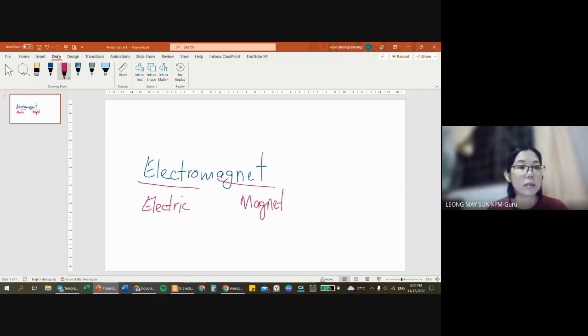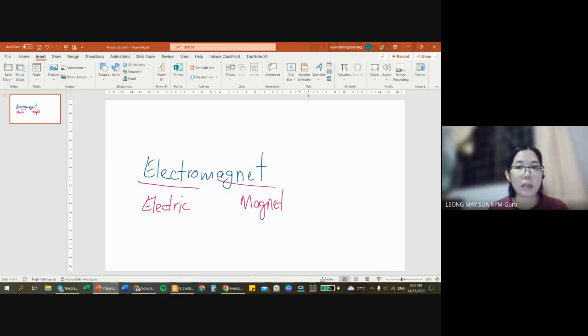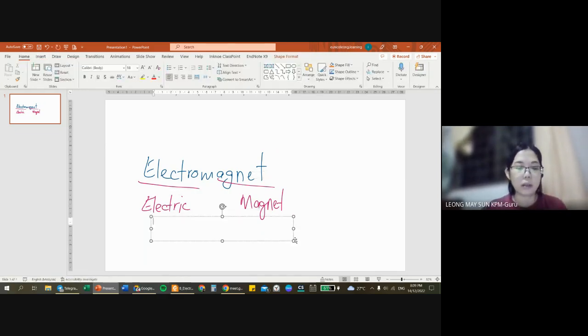In this chapter, we will be learning two parts. We will learn about using electricity to generate a magnetic field, and the second part is using a magnetic field to induce electricity.